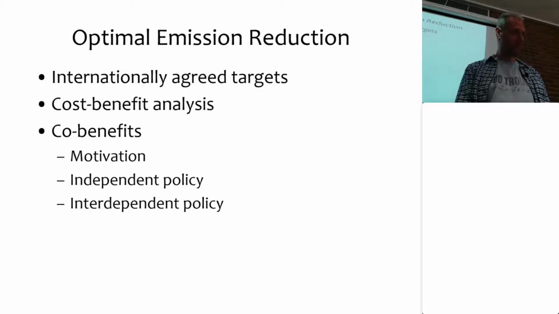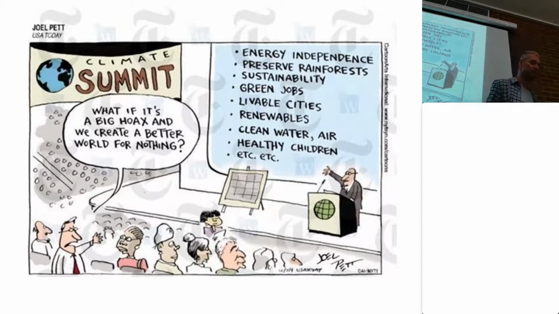And the motivation goes back to this particular cartoon, which is also almost 30 years old, by Joel Patton, published in USA Today, which was once a very big newspaper.